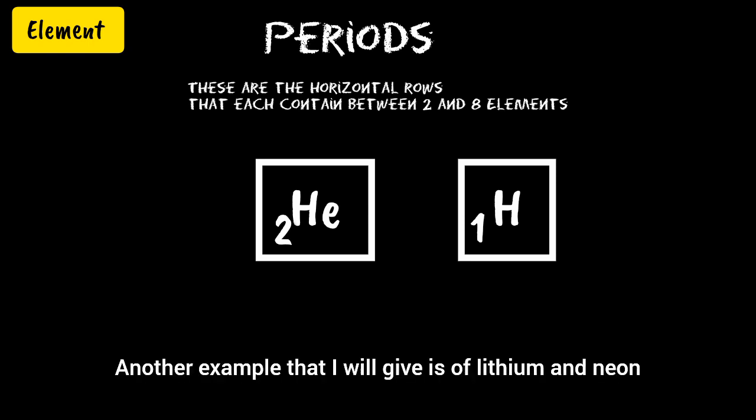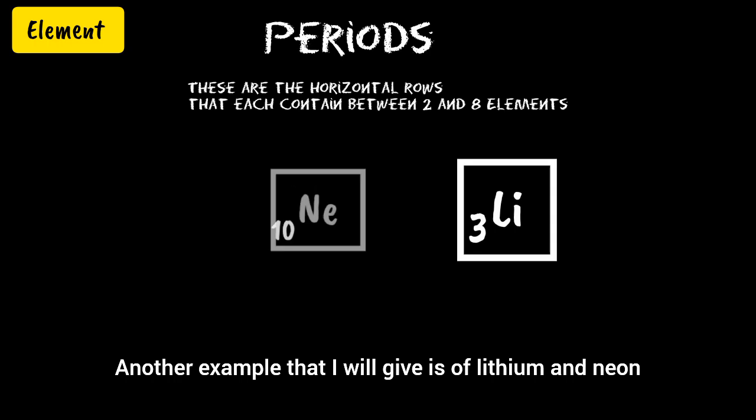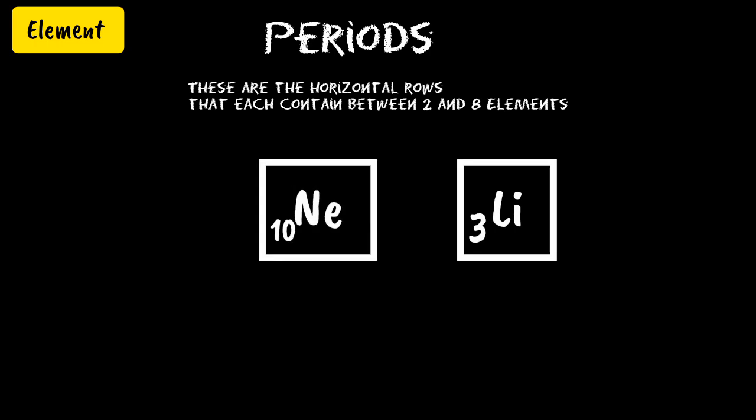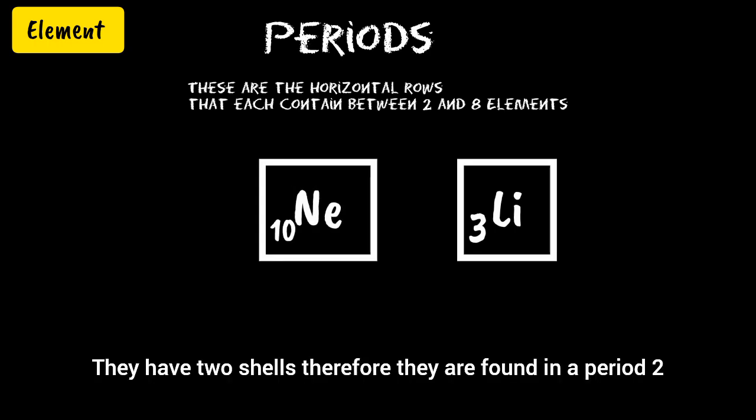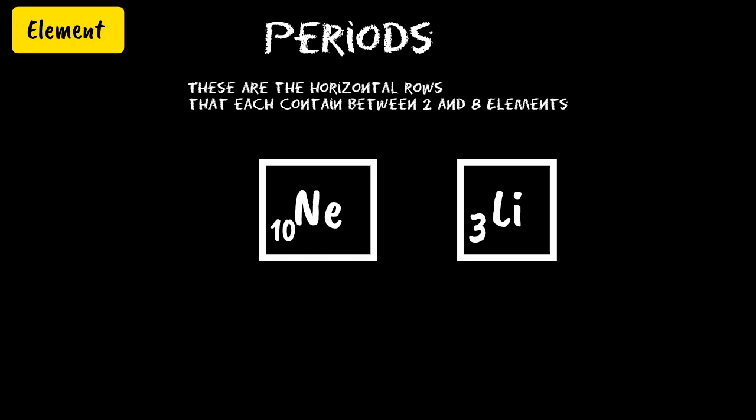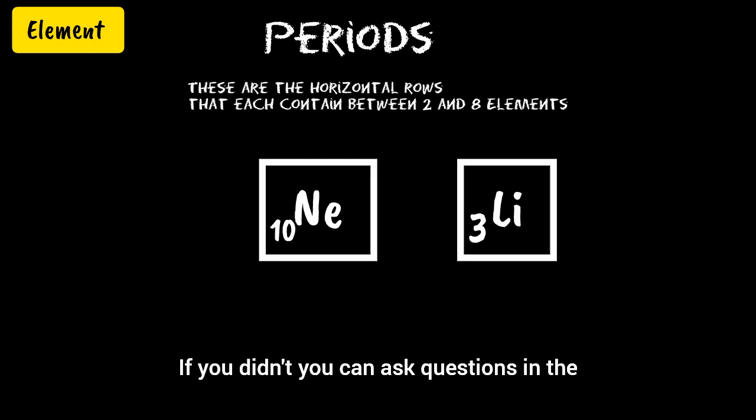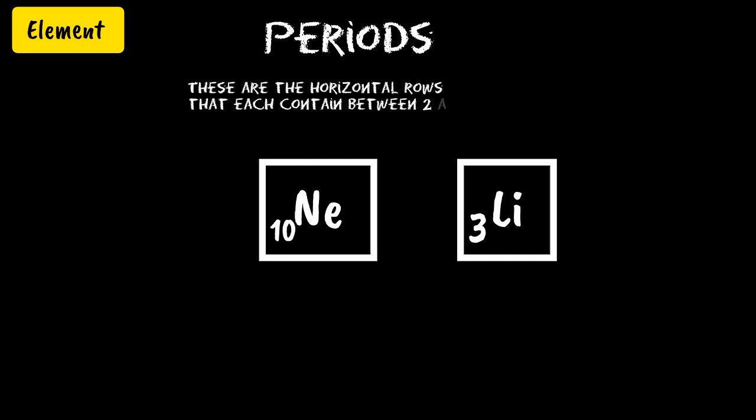Another example is lithium and neon. They have 2 shells, therefore they are found in period 2. Hope you have understood. If you didn't, you can ask questions in the comment section below.